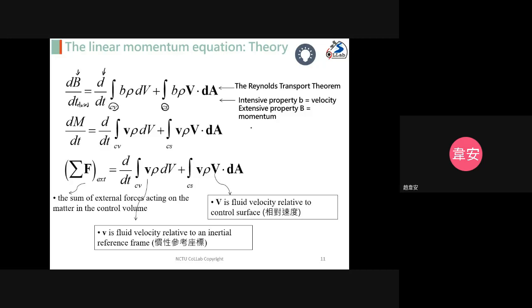And we define the intensive property as the extensive property divided by the mass.